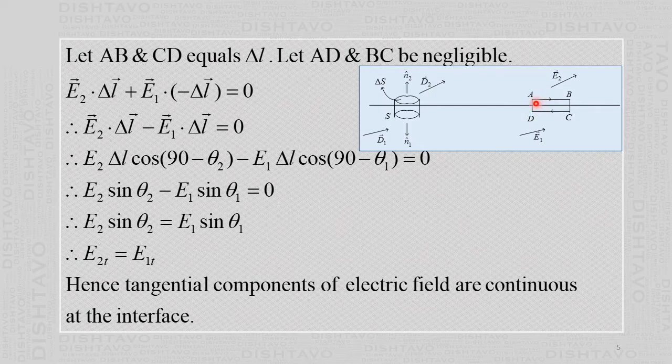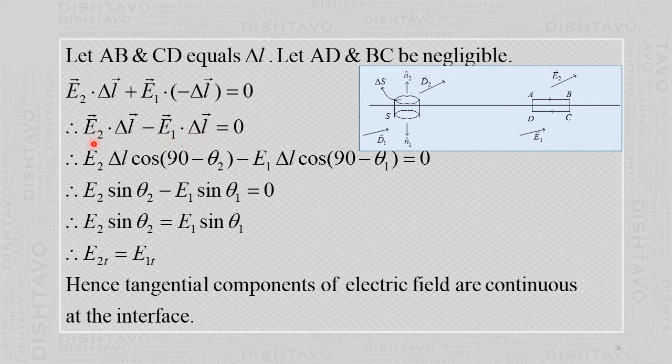So here it is vector E2 dot delta vector L. This length AB is delta L. So E2 dot delta L plus E1 here. Now this length and this length are the same, but the direction of this is opposite. So it is E1 dot minus delta L, and that is equal to 0, and this becomes E2 dot delta vector L minus E1 dot delta vector L.